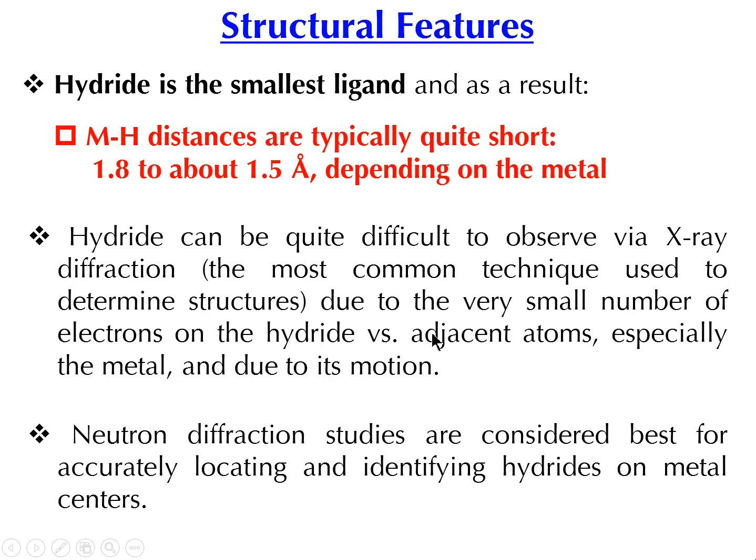This is due to the very small number of electrons on the hydride versus the adjacent atoms, especially the metal, and also due to the motion of hydrogen around the M-H bond. The best technique to characterize the metal hydride complexes is neutron diffraction, and by this way we can observe the M-H bond.